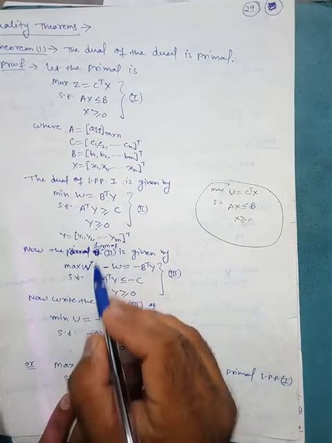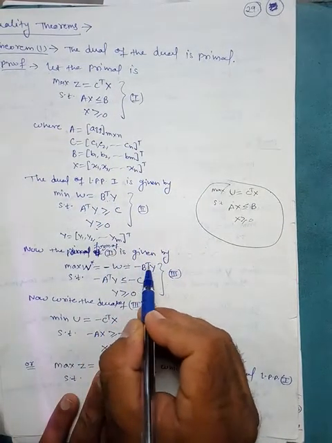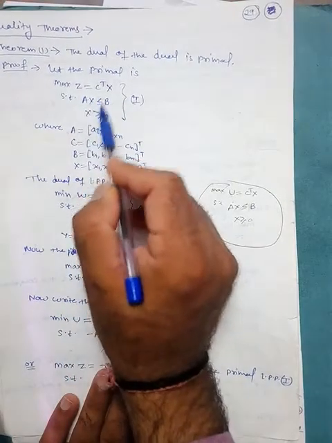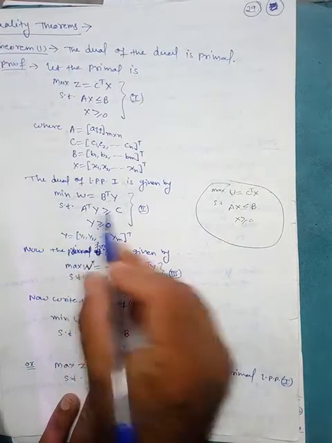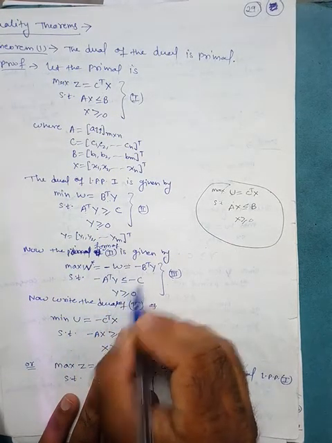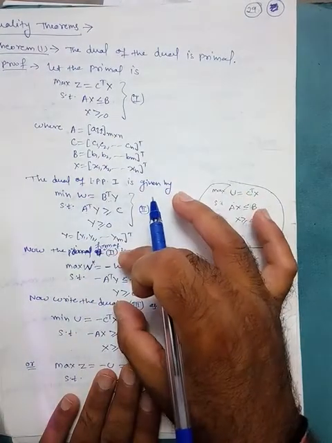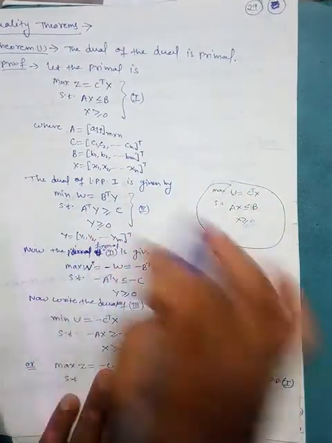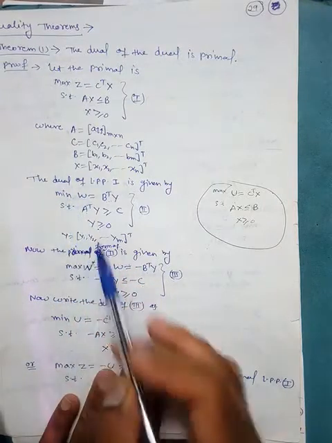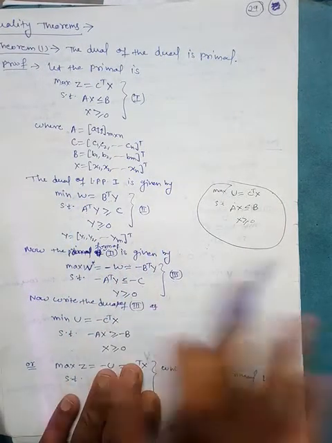Maximum of w star is equal to minus w, which is minus b transpose y, subject to, similarly, because the constraint is of less than type, multiply by minus sign: minus A transpose y is less than or equal to minus c, y is greater than or equal to 0. So this is the same problem, we have just changed its orientation. Here was the minimization, here we have taken the maximization one, nothing else.